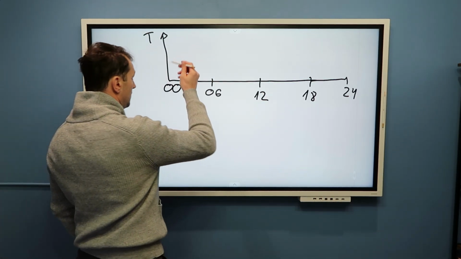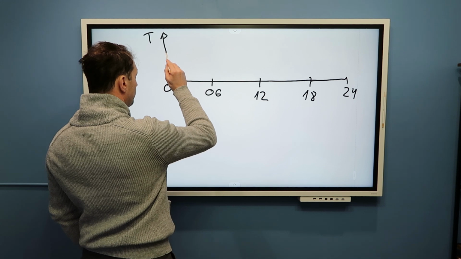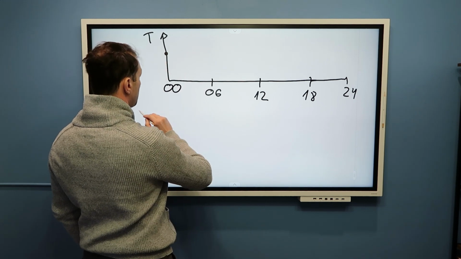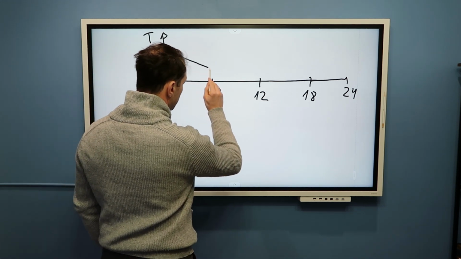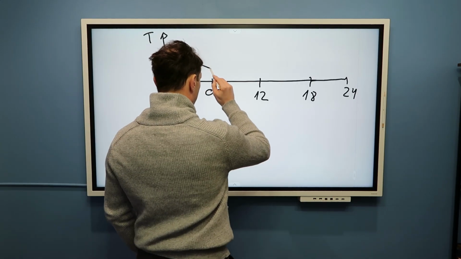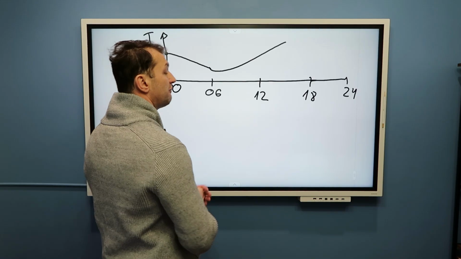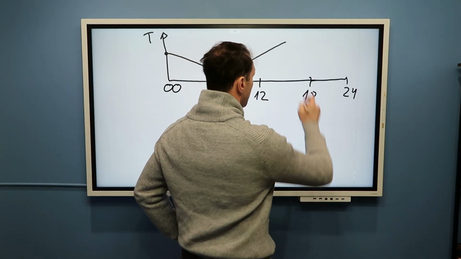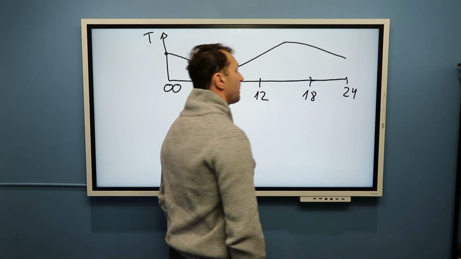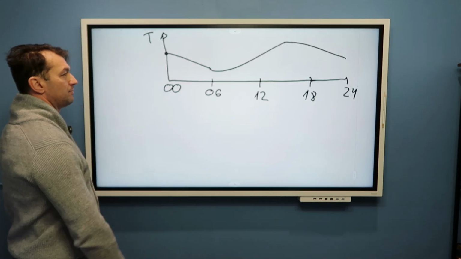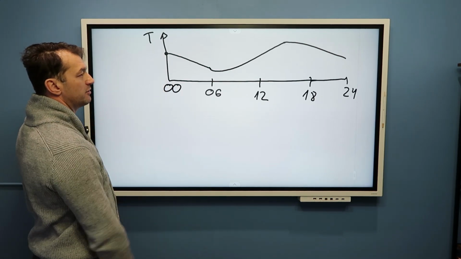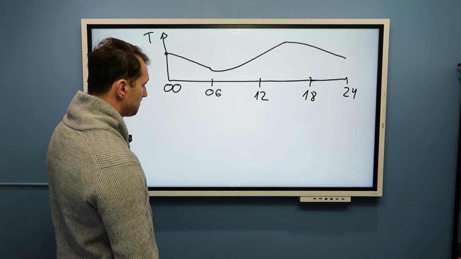And we said temperature typically evolves that if we start with certain value of temperature at midnight, it is decreasing until sunrise, and then it starts increasing until approximately 4 p.m. local time, and then temperature continues decreasing, perhaps matching the value from the previous day at midnight.